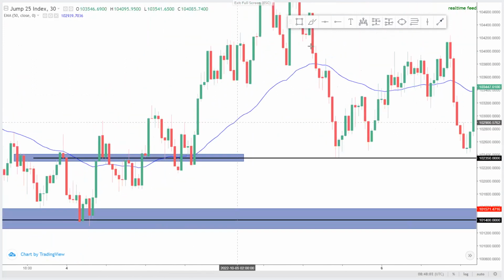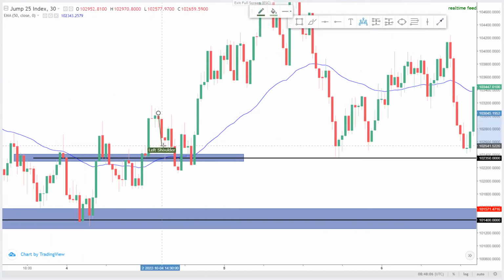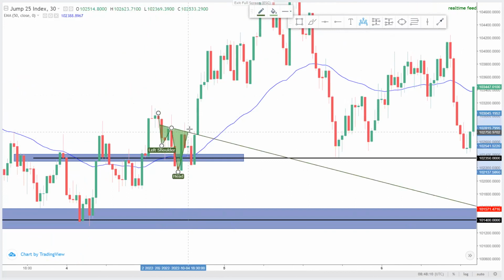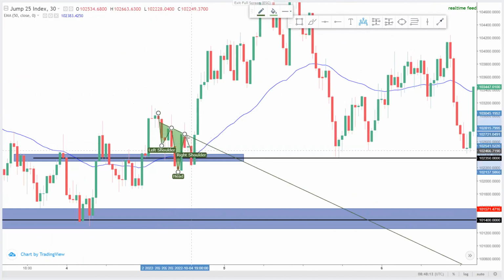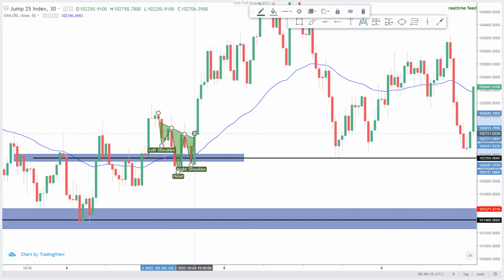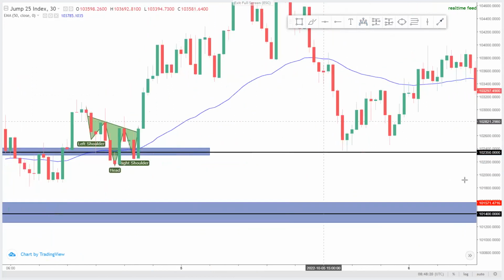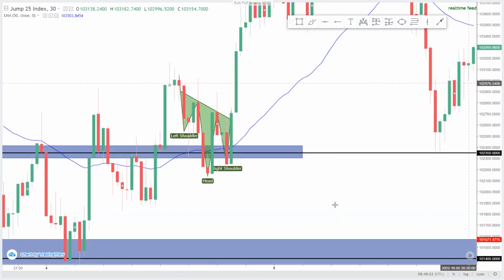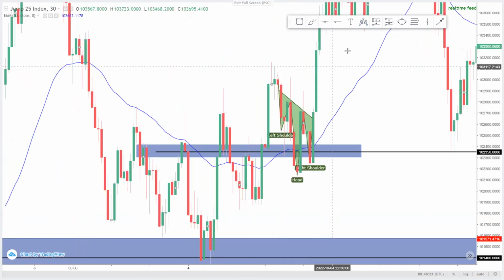Well, even at that, we can clearly see we had the left shoulder, then we had the head, then we get the right shoulder, potential right shoulder rather. Clearly the trend is in our favor.